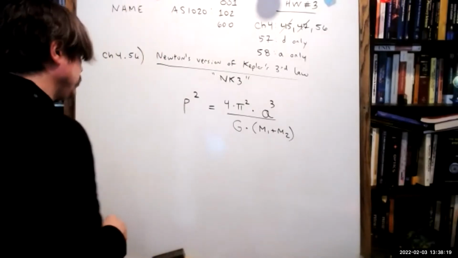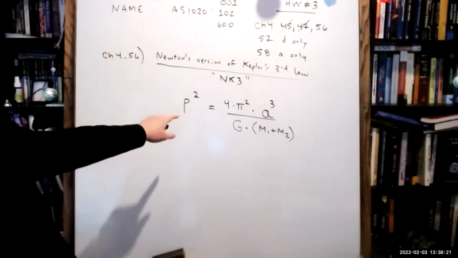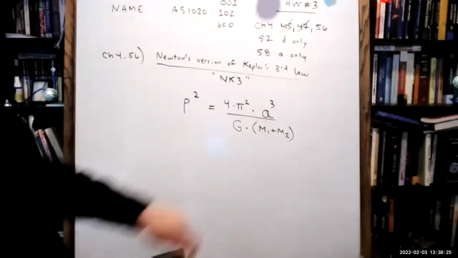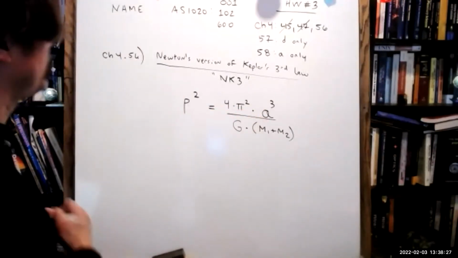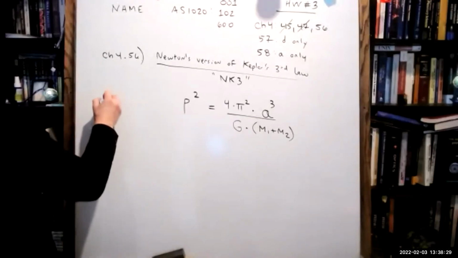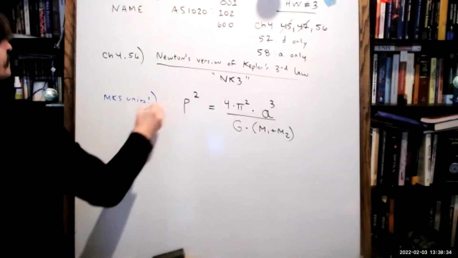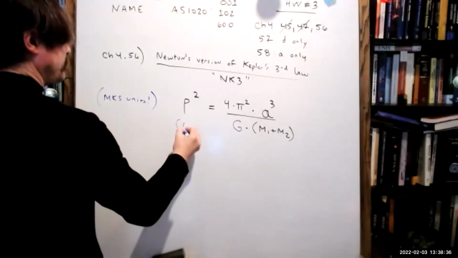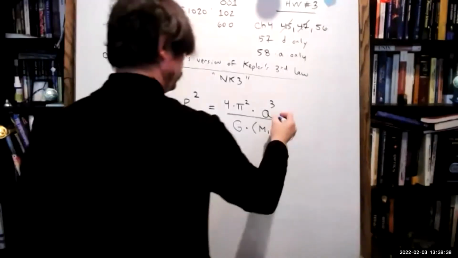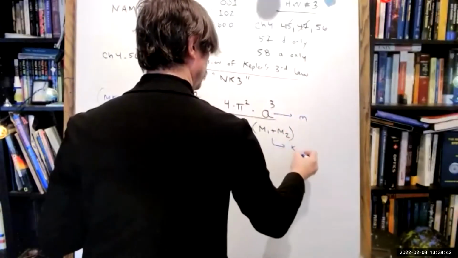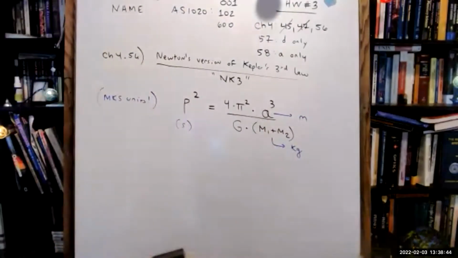It's important to note that unlike Kepler's, which used years for period and AUs for the distance, here, these are all MKS units. So periods must be in seconds. The distances must be in meters. The masses must be in kilograms.